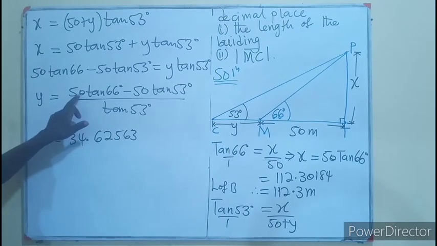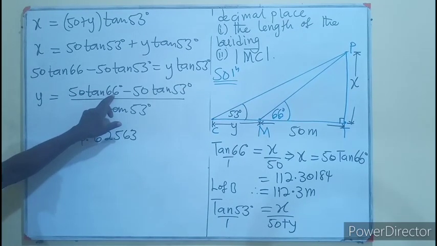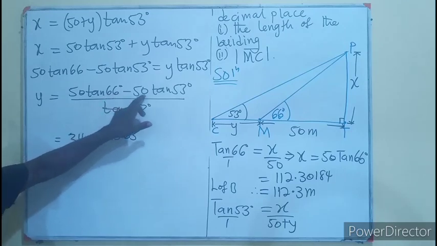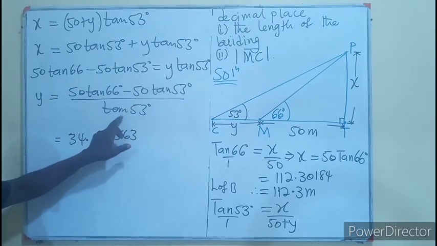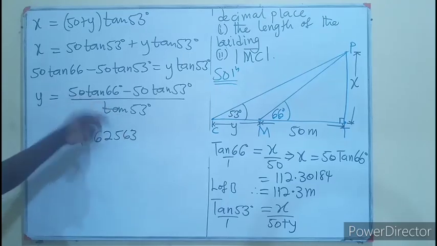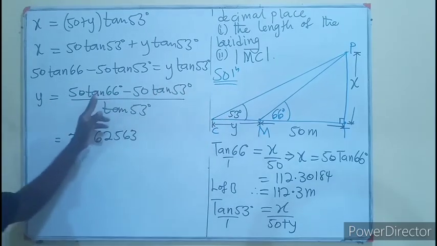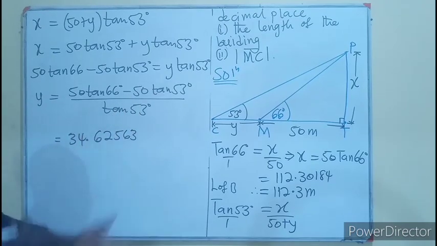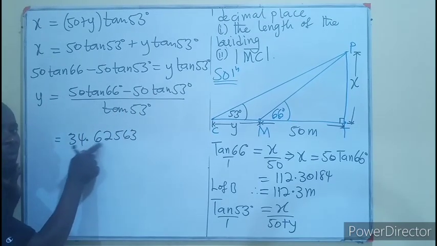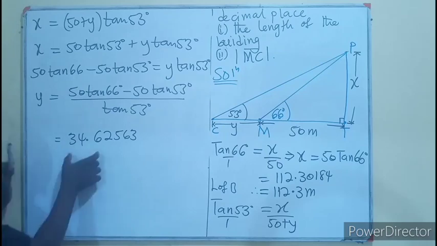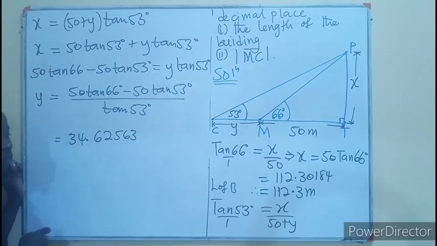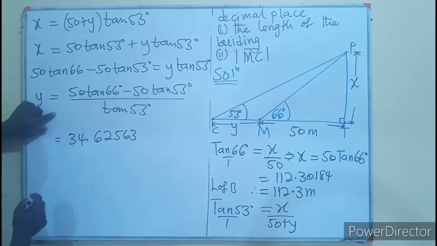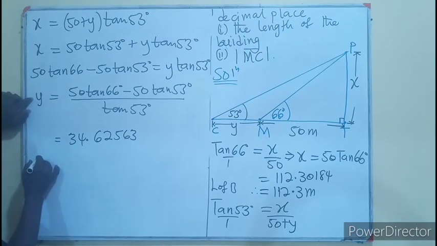Don't forget, you can get the value of this separately minus the value of this divided by this. But in that case, you must be approximating the values, maybe to 4 decimal places, which might later on have some small deviations on the main answer. So we prefer to do it this way, which will be Y is this.